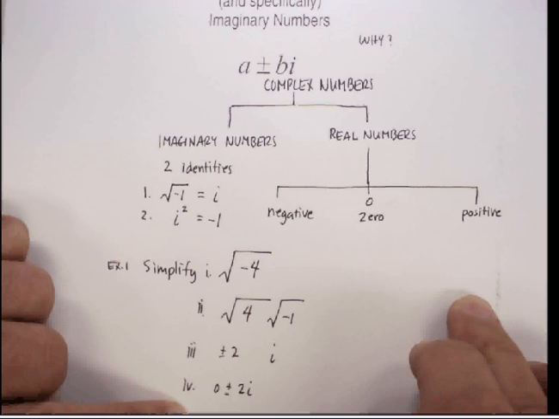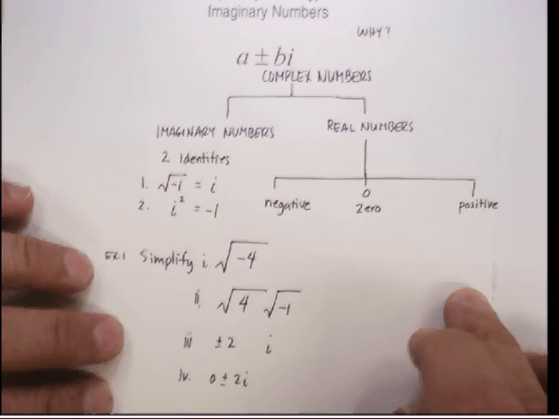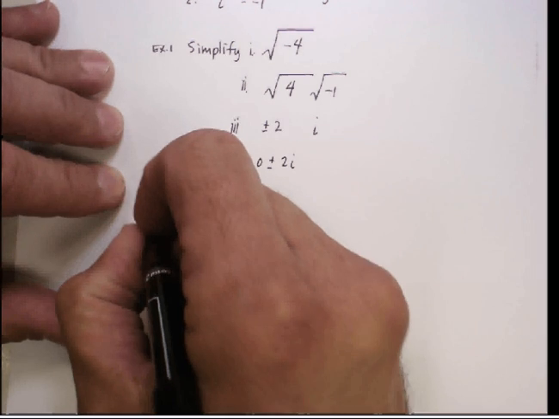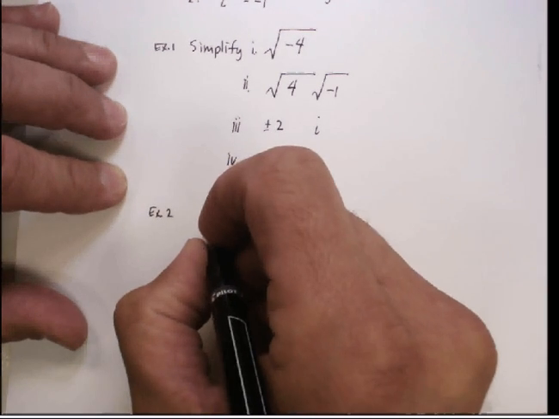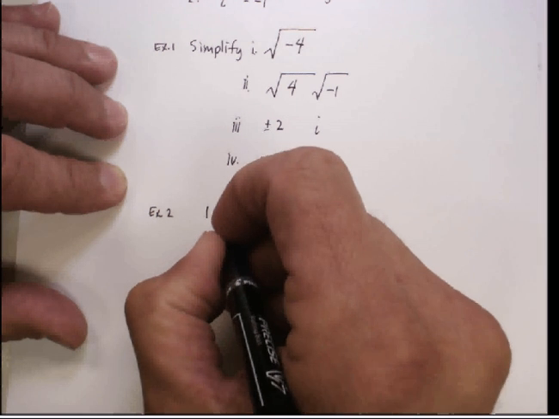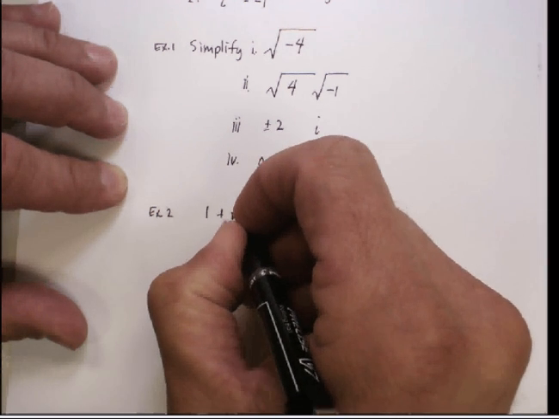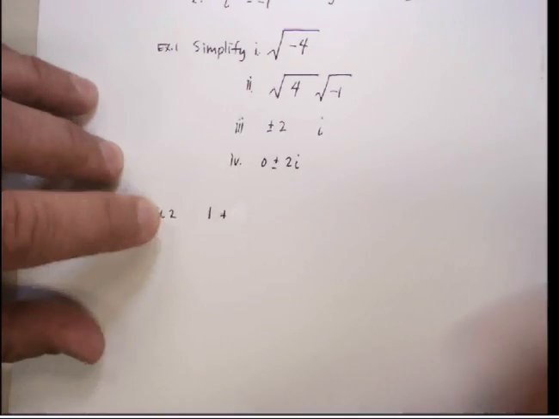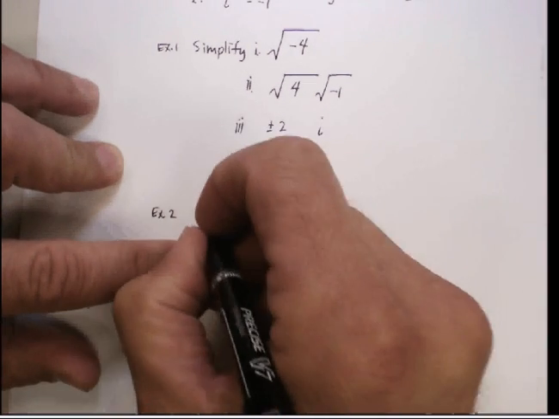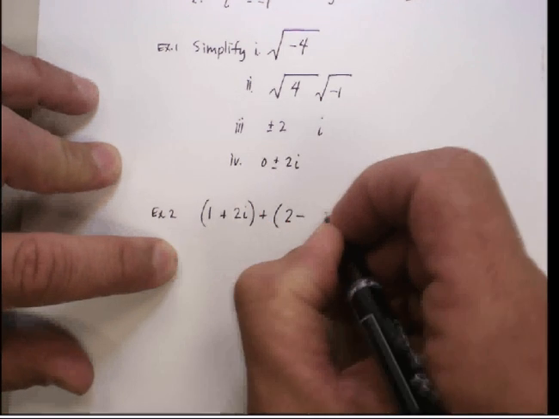Now, let me give another example. Let's say I want to add, and call this example 2, 1 plus 2i plus 2 minus 3i.